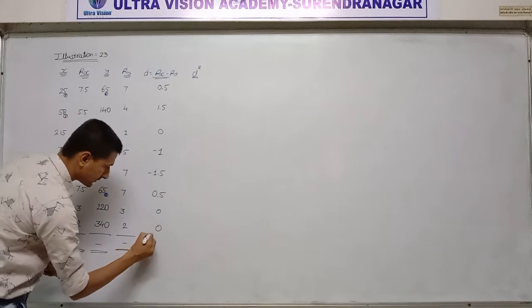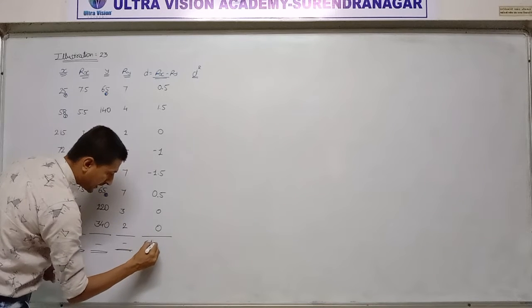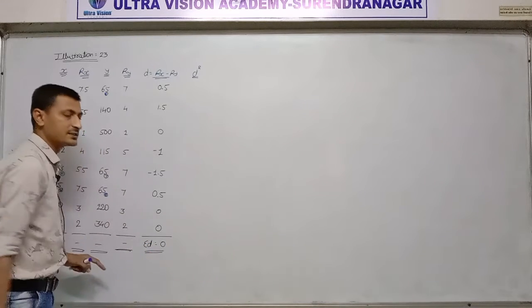And 2 minus 2, 0. Sigma d total is always 0.